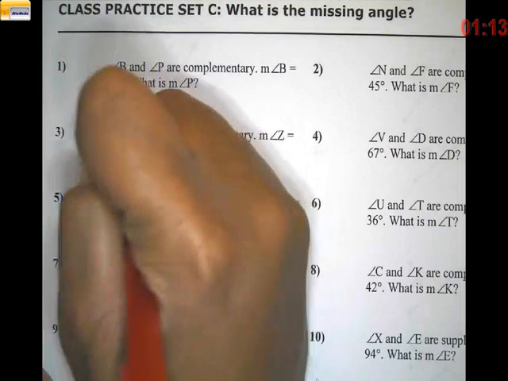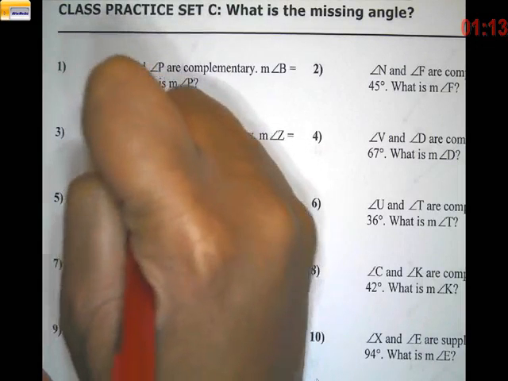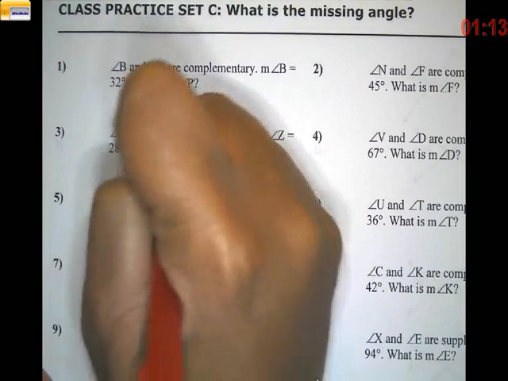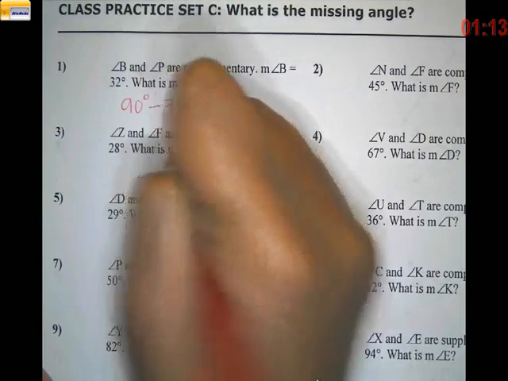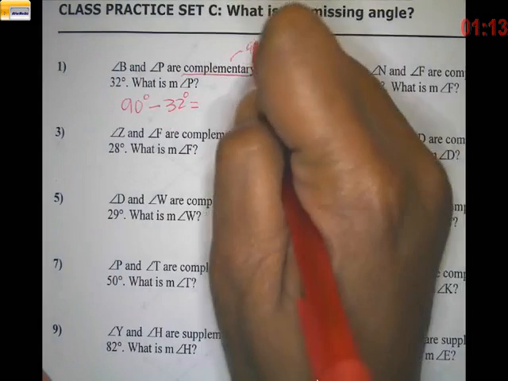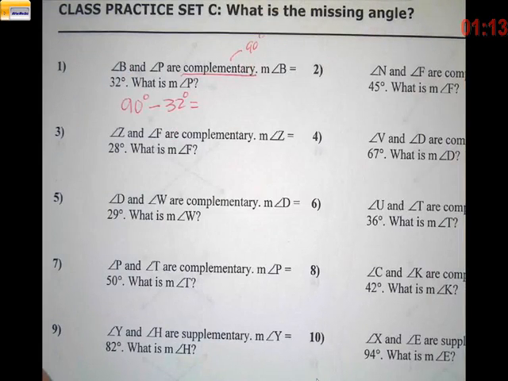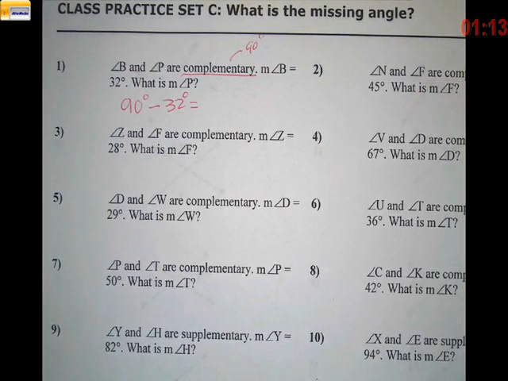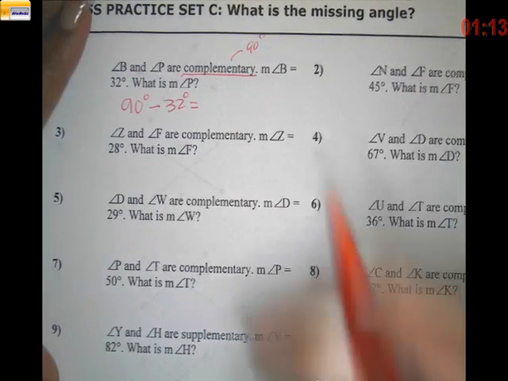I'm going to go 90 degrees minus 32 degrees equals, now why did I pick 90? Because they said complementary. Complementary angles total 90 degrees. So how much is that going to give me? 58.